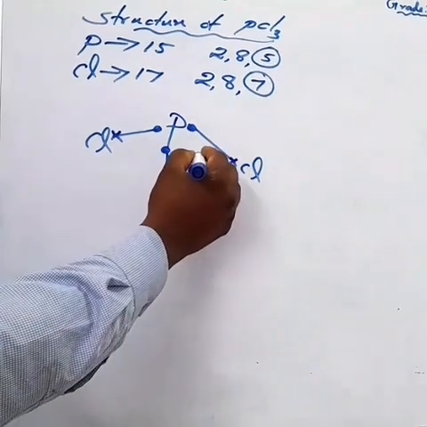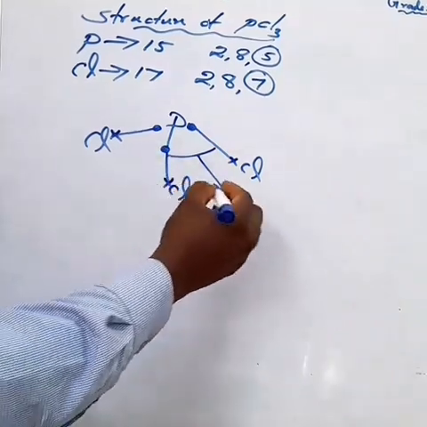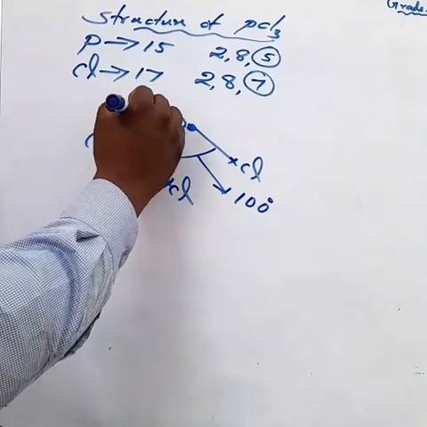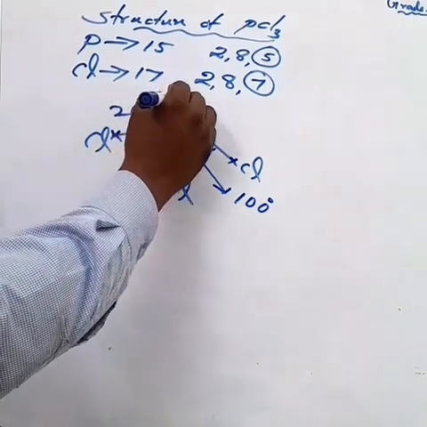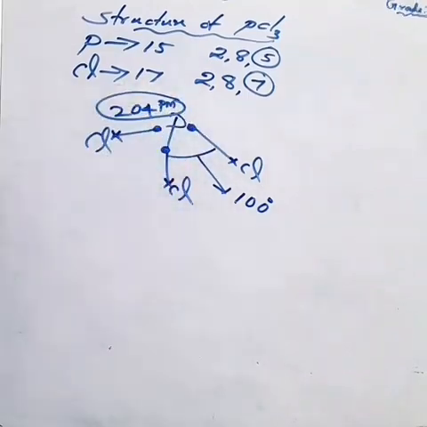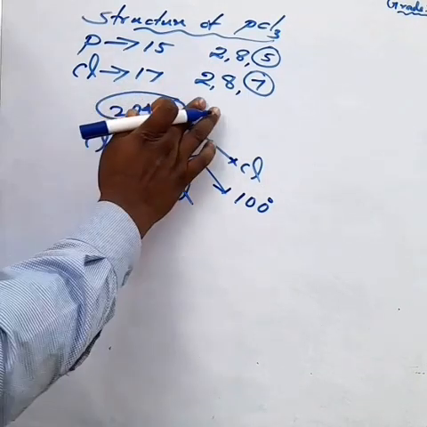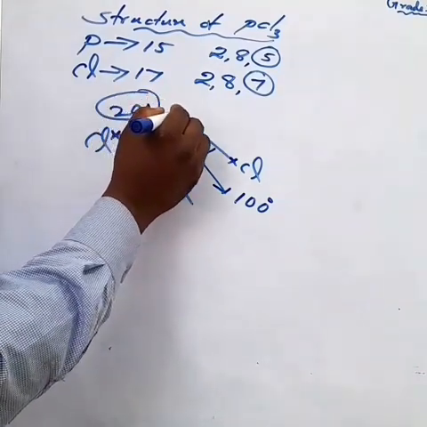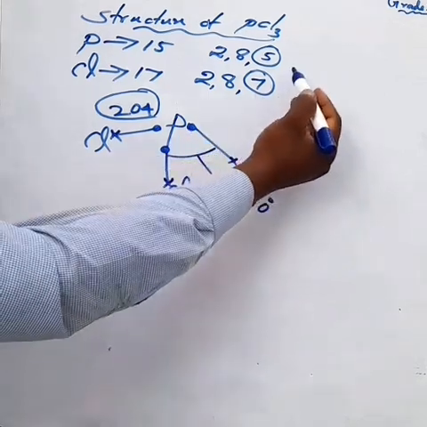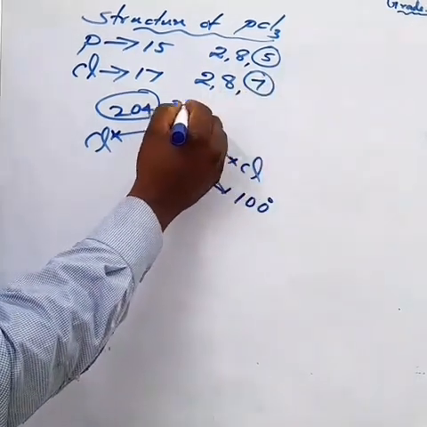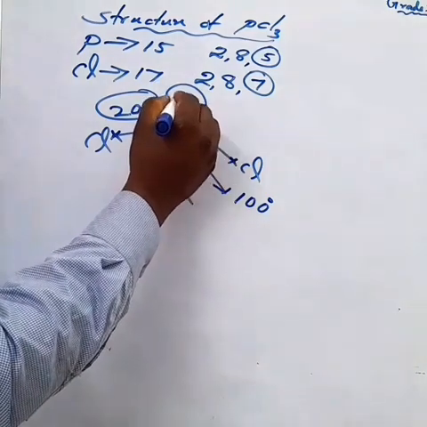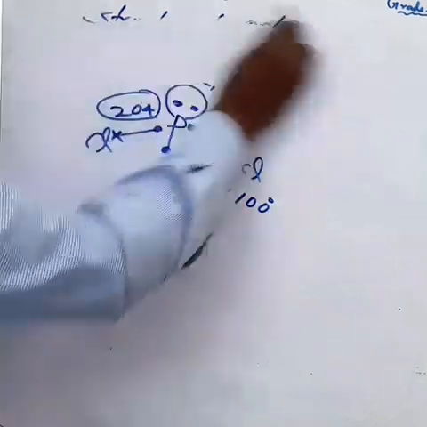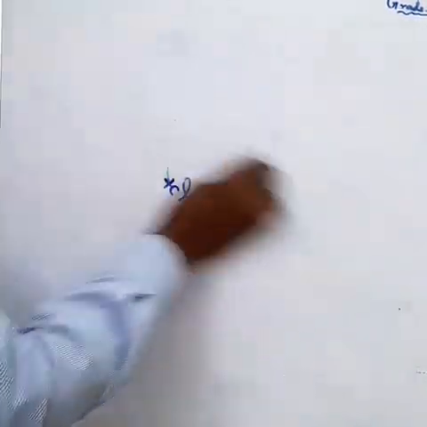The Cl-P-Cl bond angle is about 100 degrees, and the bond length of phosphorus and chlorine is 204 picometers. Here phosphorus shares 3 electrons with the chlorine. Again, phosphorus has 1 lone pair, which is 2 extra electrons. Okay. This is the structure of phosphorus trichloride.